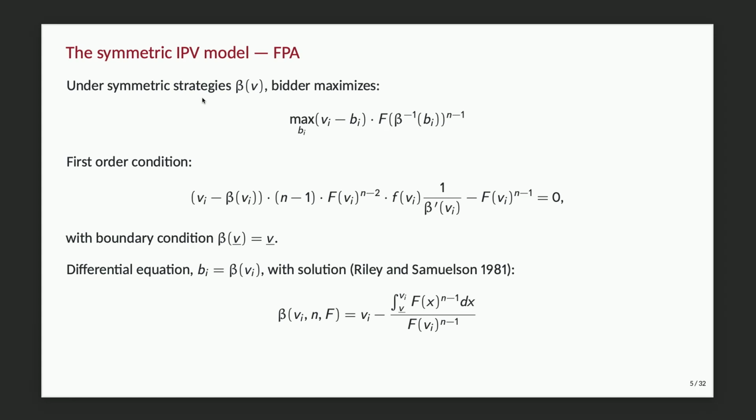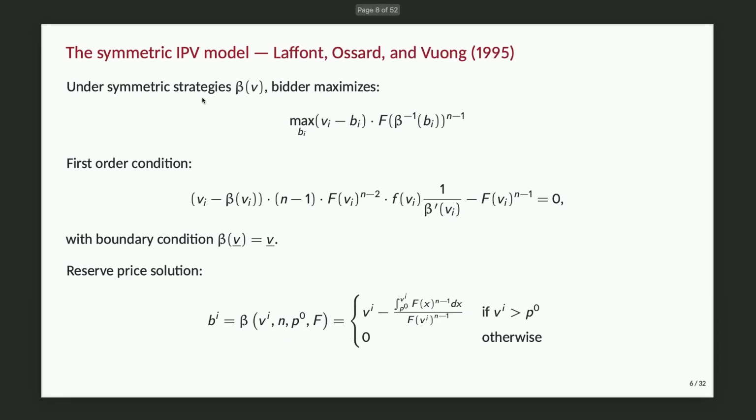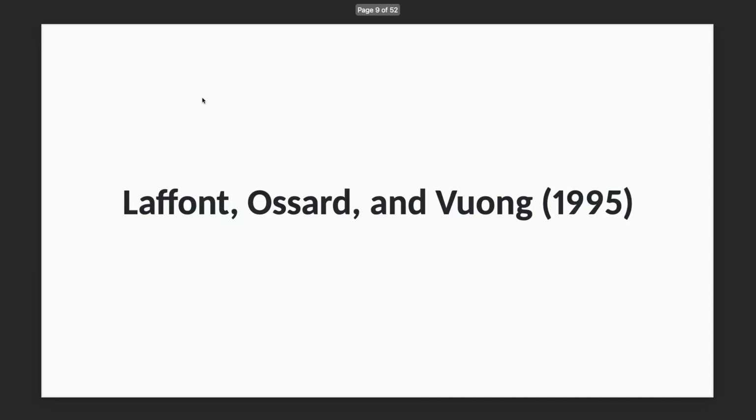That means that from an empirical point of view, this is a messy thing, because we have to numerically integrate this. And I will come back to why that's not a great thing and how to possibly sidestep this. So here is the solution with a reserve price.